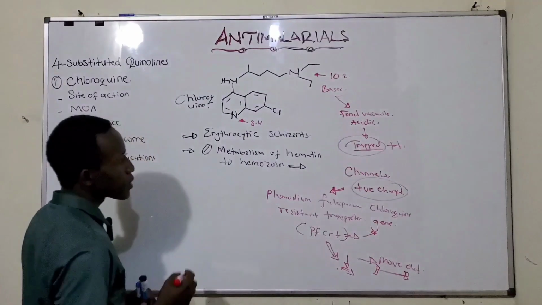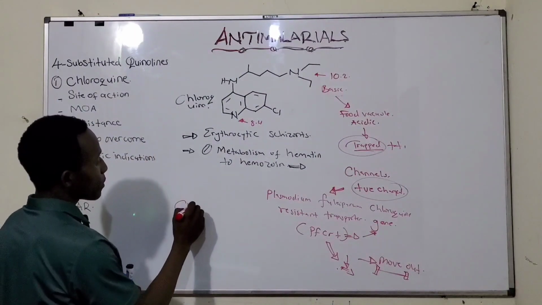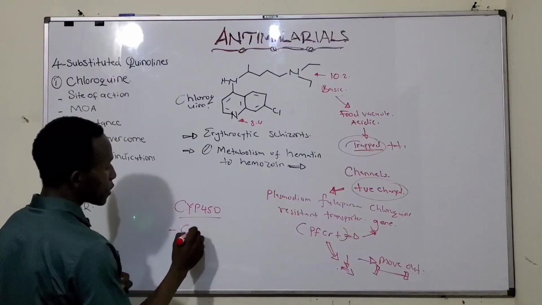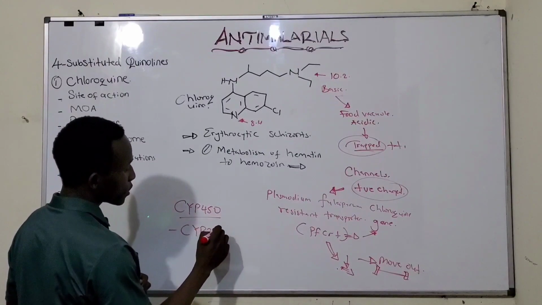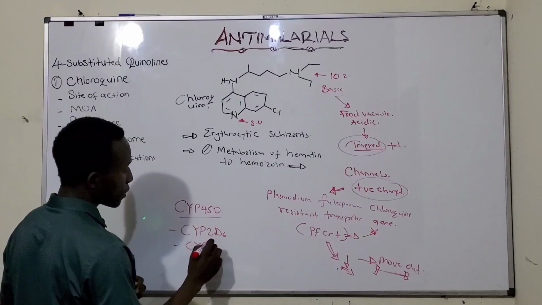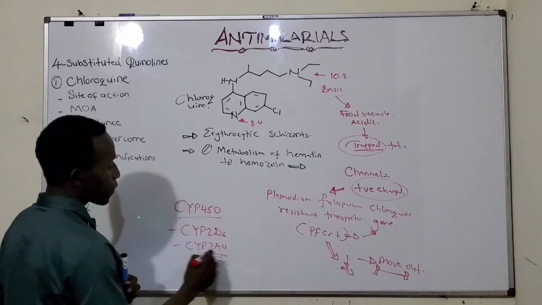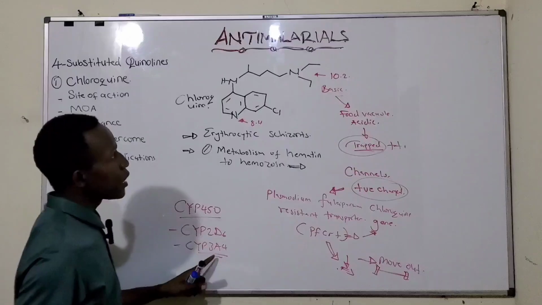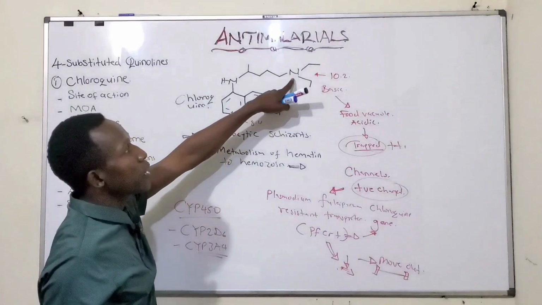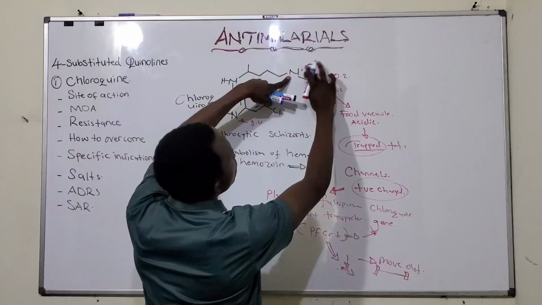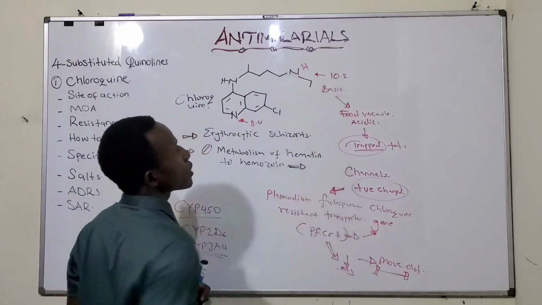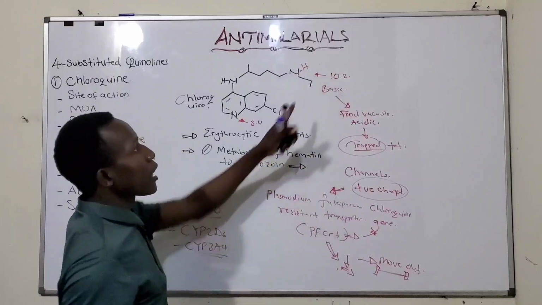Another mechanism of resistance is due to the CYP450 enzymes, mainly CYP2D6 and also CYP3A4. These lead to dealkylation of the chain here at N, so we shall have hydrogen here instead of the ethyl group.